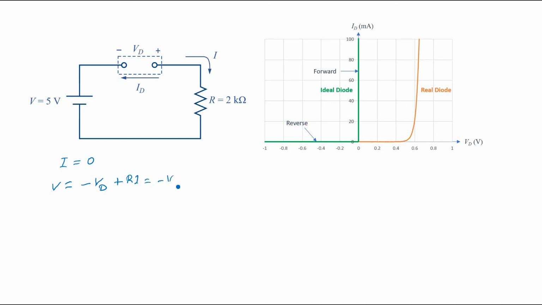So this is equal to minus VD plus R times 0. And from that, we can find VD equal to minus V and equal to minus 5 volts.